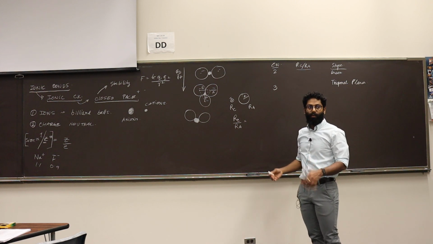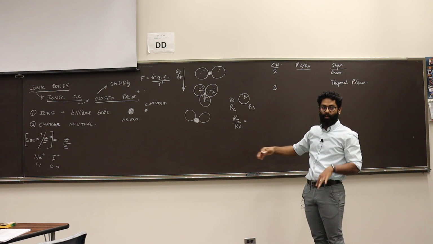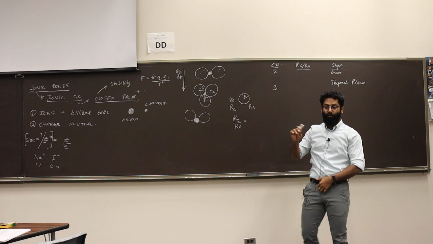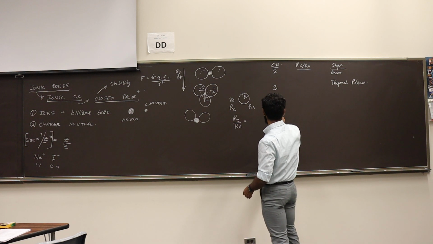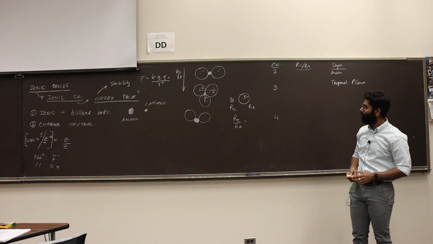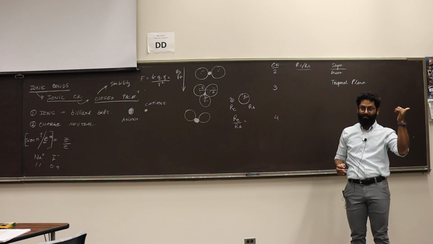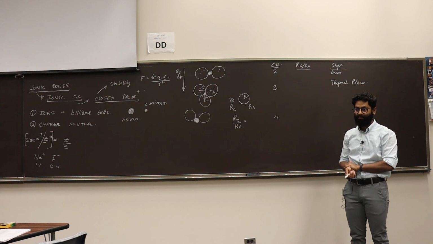When you have more, what do you need? You need more anions to surround it. So what will be the shape? It will be 4, yes. The coordination number becomes 4. What shape did we have in the bonding, when we were thinking about hybridization?